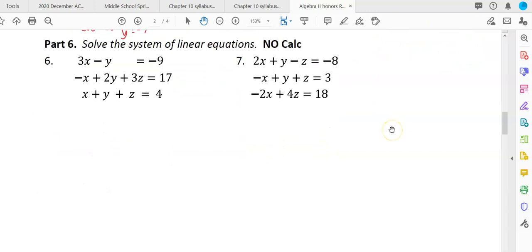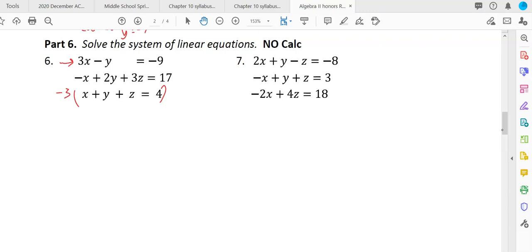Solve the system of linear equations in calc. I want you to use the Gaussian method here. So you pick any 2 equations, eliminate. Since I already have one variable eliminated there, I'm going to take the second 2 equations and eliminate the z, which means I'm going to multiply this one temporarily by negative 3.